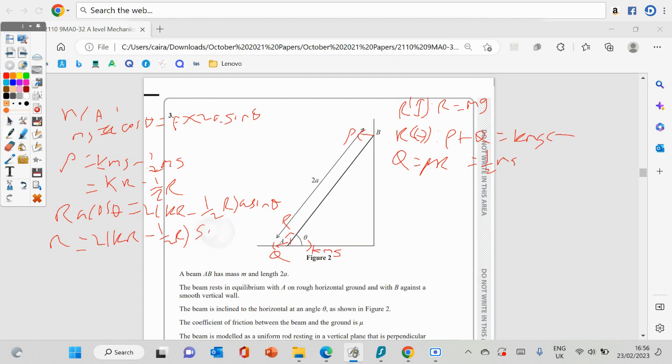This is just a bit of algebra now to get us there, which is sine theta over cos theta, which we know is tan theta, which is 5/4. That'll cancel with the 2, which will give me 5/2 of kr minus 1/2 r. I.e. k has got to be r plus 5/4 r over 5/2 r, which is 9 over 10, 0.9.